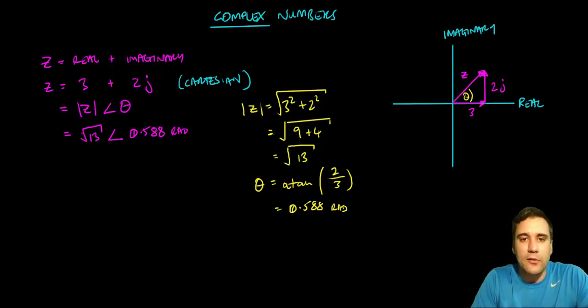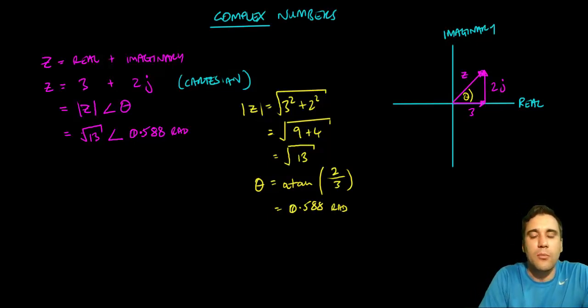You could express it in degrees, but for most of our maths we're going to be dealing with a lot of fractions of pi, so it does become quite helpful to have it in radians or in terms of a fraction of pi. It's great when you do have a nice neat fraction of pi. So perhaps we'll do an example as well that is a nice neat fraction of pi.